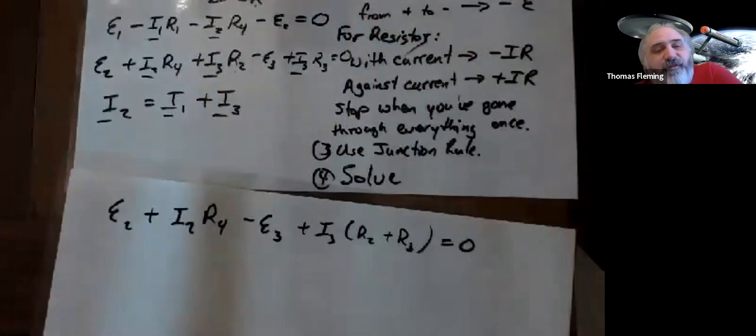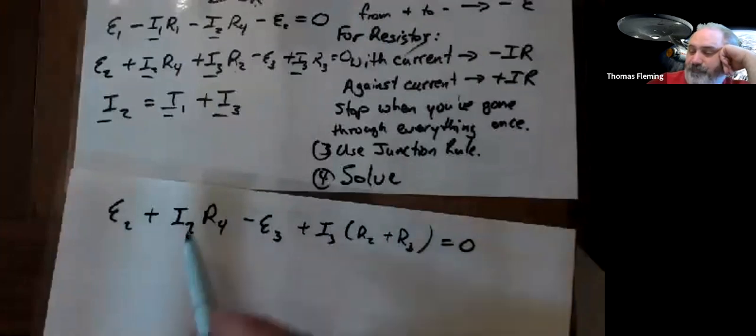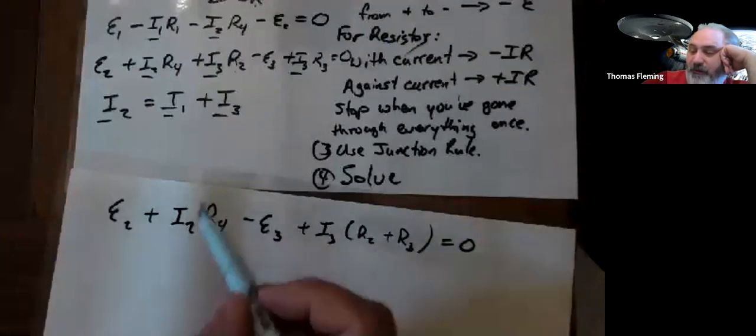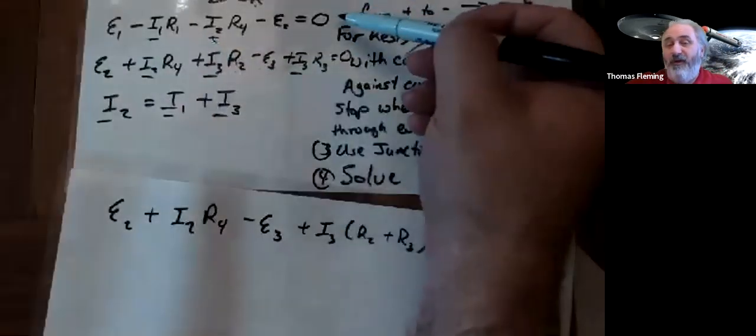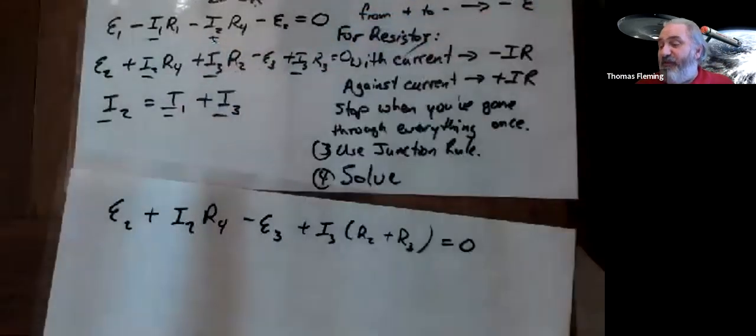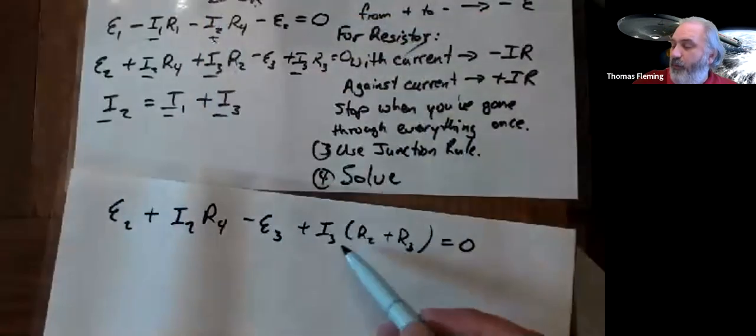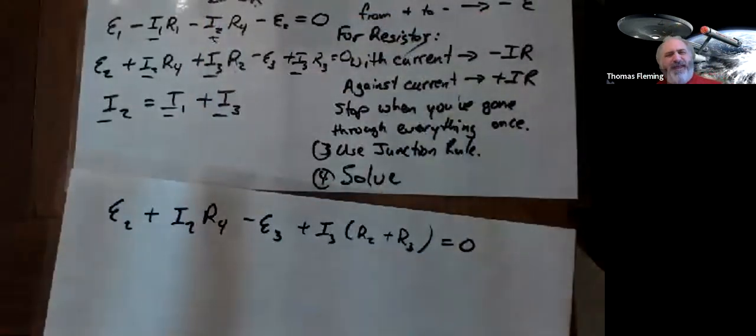But the problem is if I solve this for I2, and I plug I2 into that equation up there, well, now I2 won't appear in that equation anymore. Unfortunately, I'd be replacing I2 with something that had I3 in it, so it wouldn't really gain me any additional ground. So that's kind of sucky.